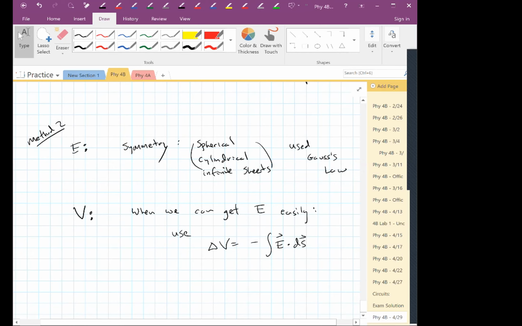And now we're saying, well, if we know the E field, or we can find it really easily and quickly, then we can use this equation to find delta V between any 2 points. Okay, so that's what we're going to start with next time.